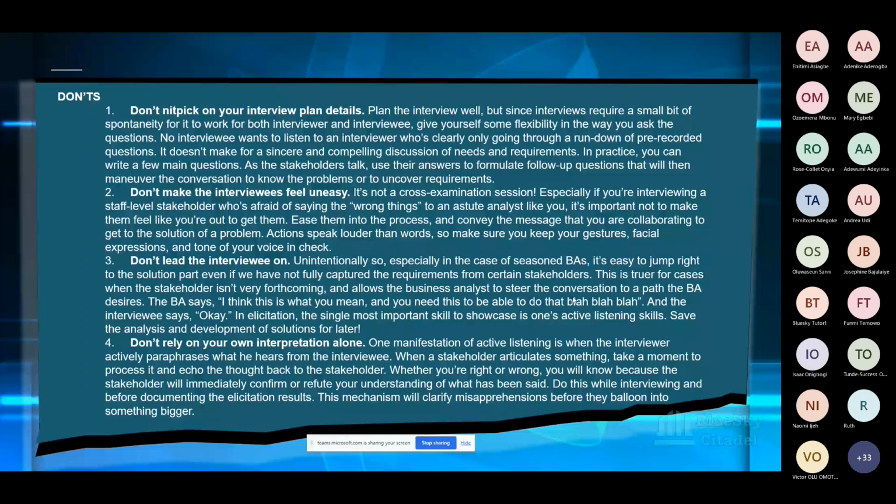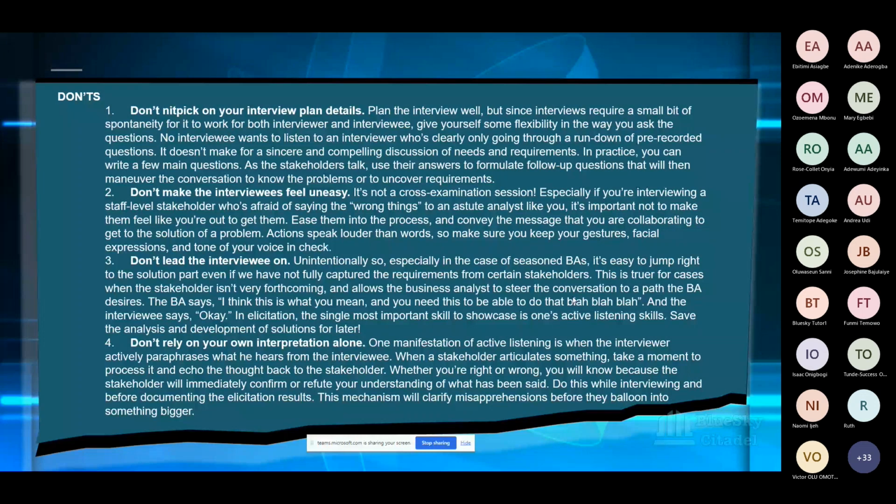So ask your questions, follow up, and if you see that they are struggling to give responses, just ensure that you are not steering them in a direction, because you might give a solution that might not really work for them at the end of the day.